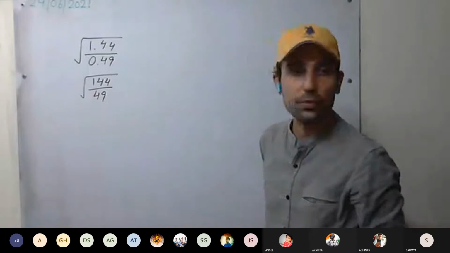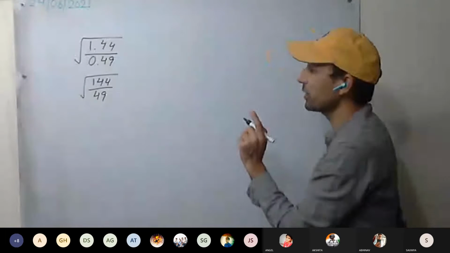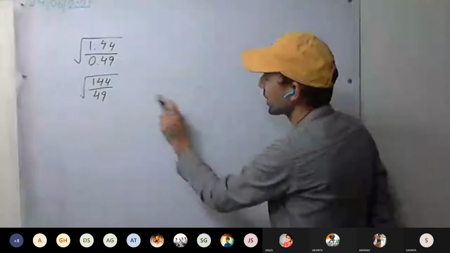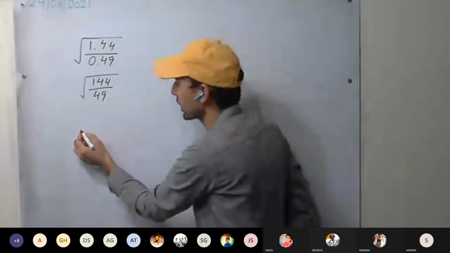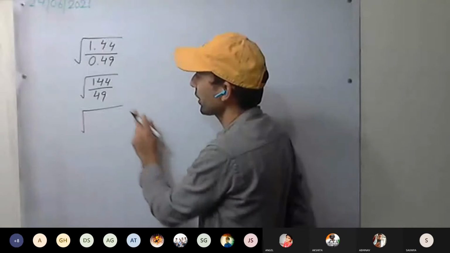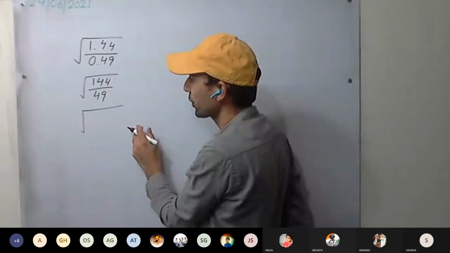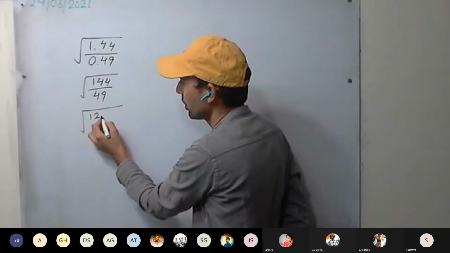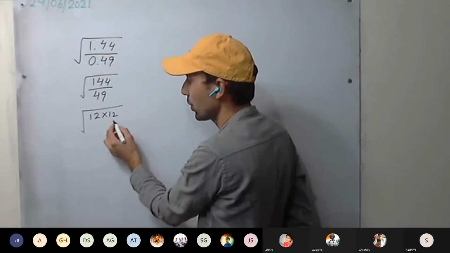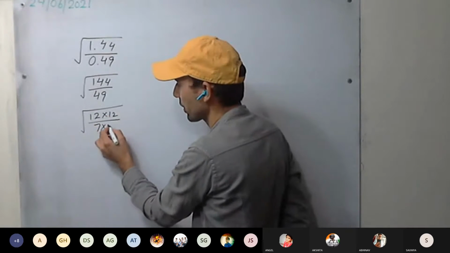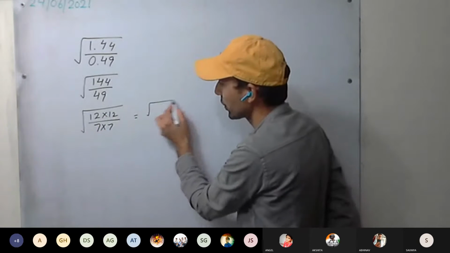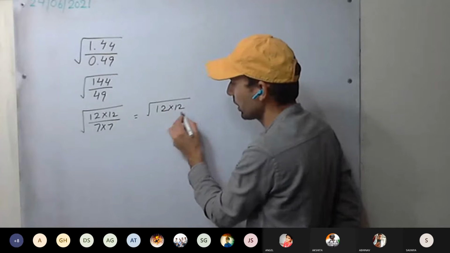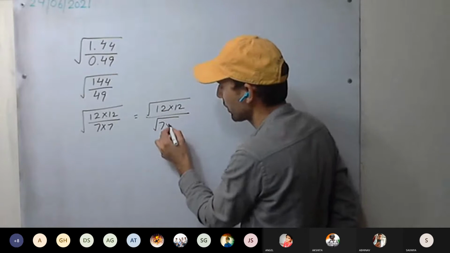Now I have to factorize the numerator. Okay, we have studied. There are more ways. Okay, we can factorize 144. It will be how much? 12 into 12. And 7 into 7. It will be root of 12 into 12 divided by root of 7 into 7.